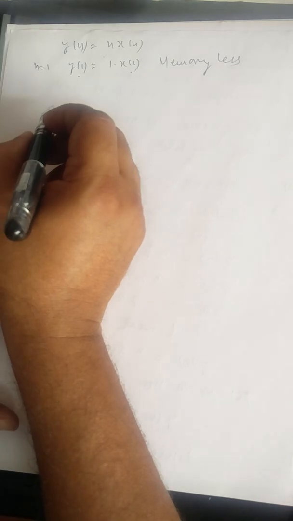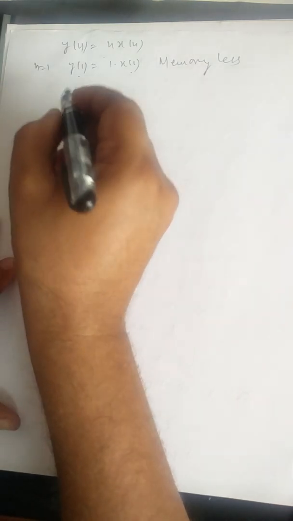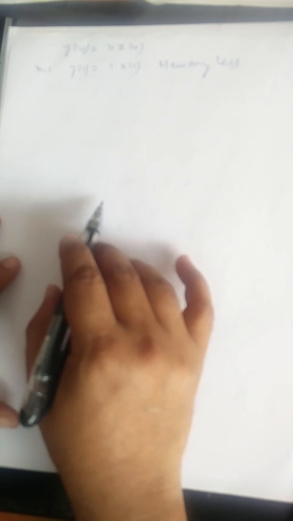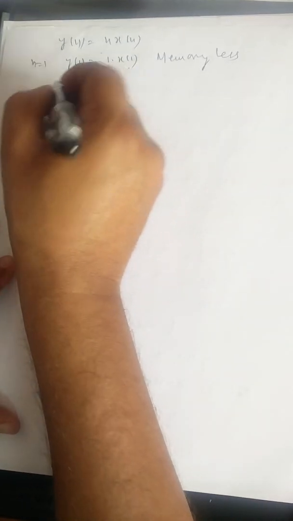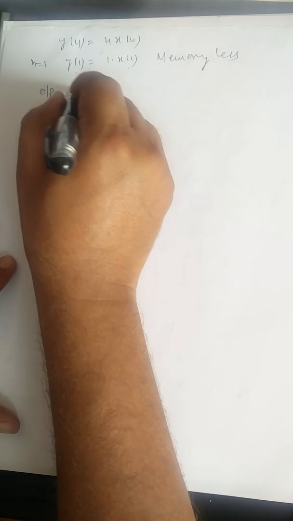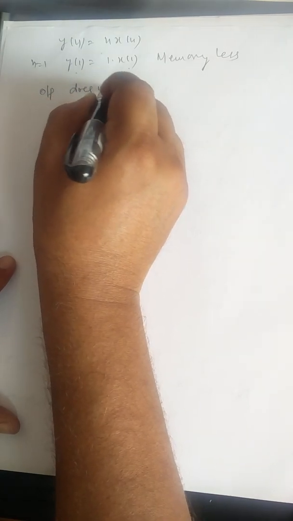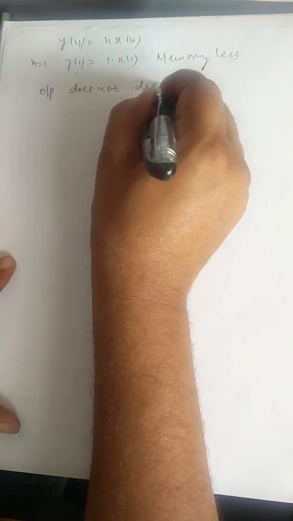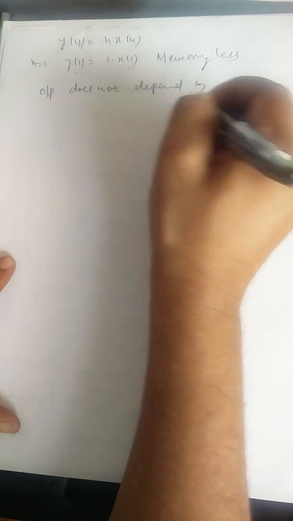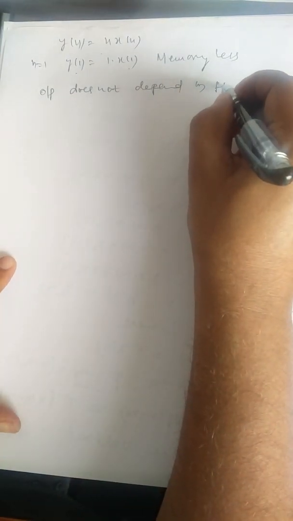Next, causal or non-causal. Here in this case, output depends only on the present values of the input. It does not depend upon any future values of the input, and the system is said to be causal. Here output does not depend on future values of the input.